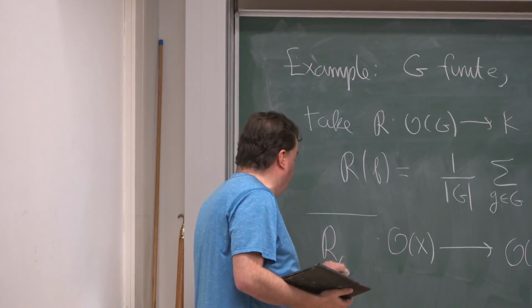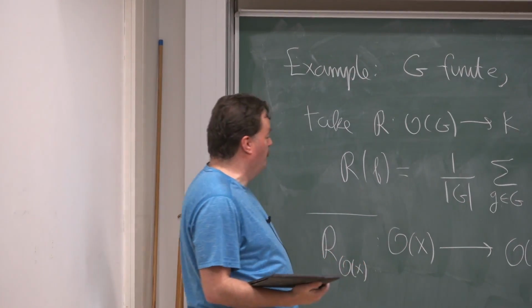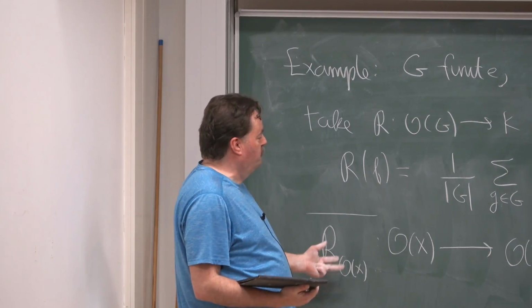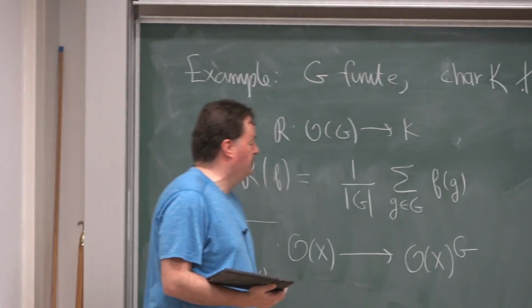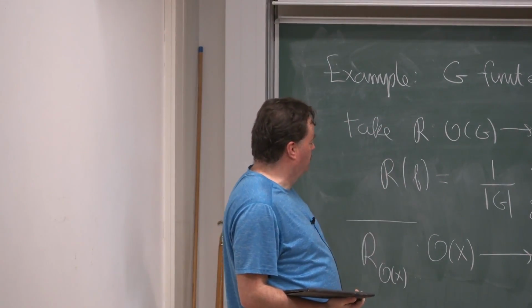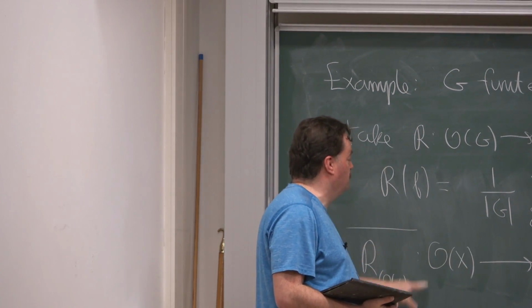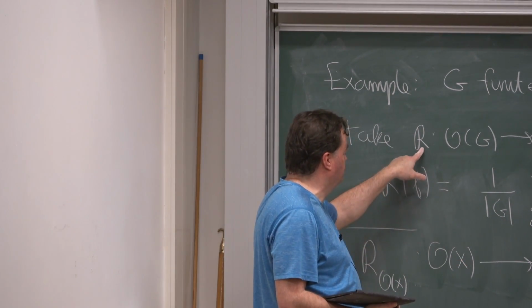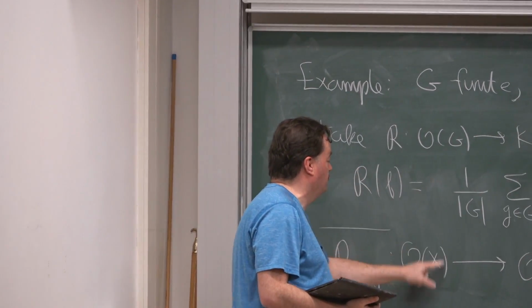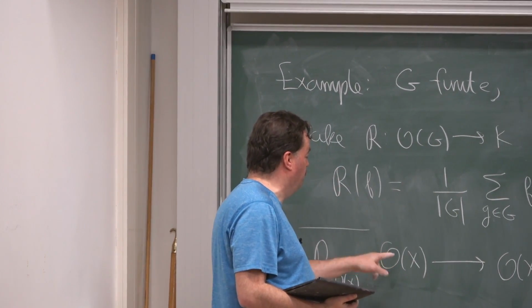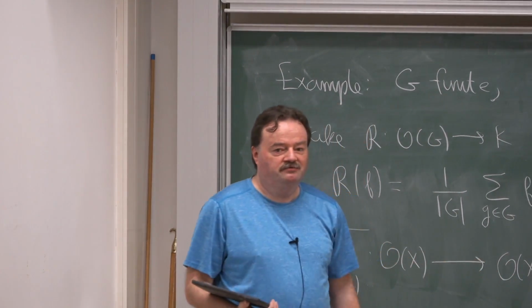And I will denote it by R on O(X). And you can also call this a Reynolds operator. This is the way I think of it: this R acts on this space, and the action maps this to the invariant ring.